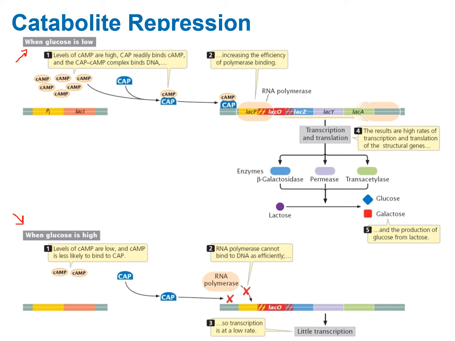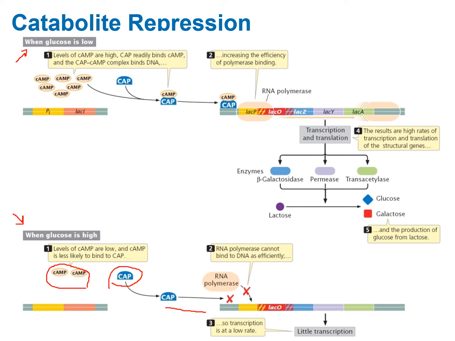So when there's lots of glucose in the cell, remember I told you the cell wants to use that glucose for energy. So there might be a little bit of cyclic AMP around because it is a signaling molecule for lots of pathways in the cell, but there's not very much. And because there's not a lot of cyclic AMP around, and what cyclic AMP is around is being used for other pathways, that means that the CAP protein remains in an inactive form.